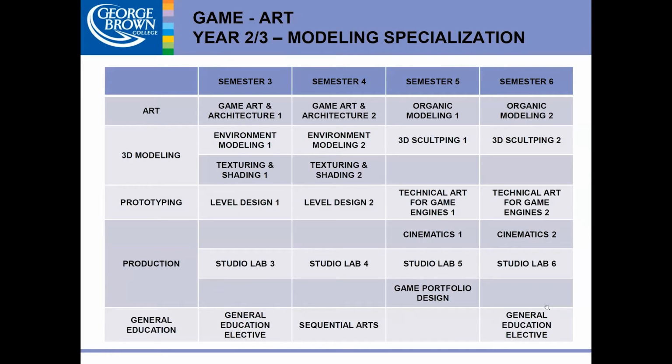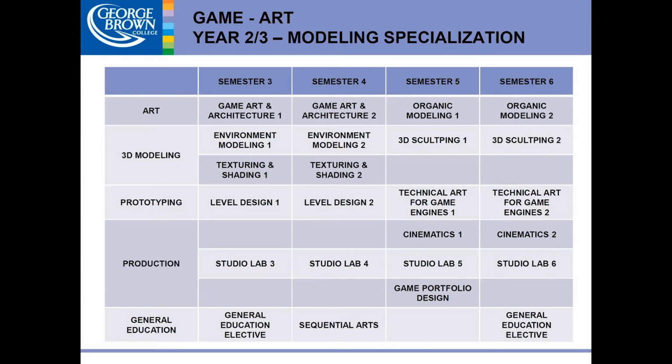To show you some of the courses in our second and third year, now this is the modeling specialization. And I'm going to sort of separate them by theme. So thematically in second year, students will focus on creating environments, landscapes. They'll focus on creating buildings, both exterior and interior.